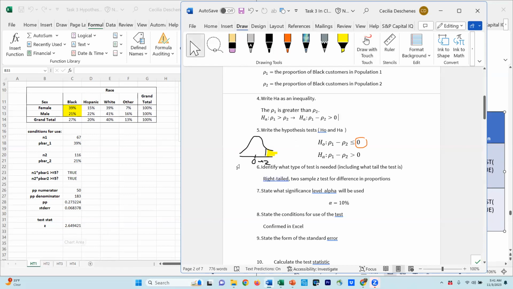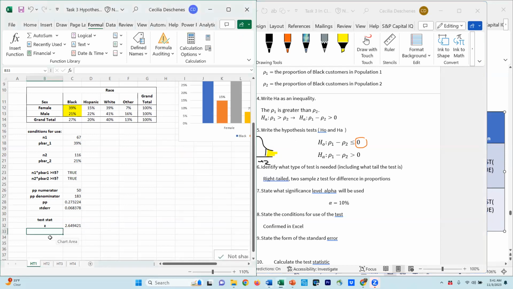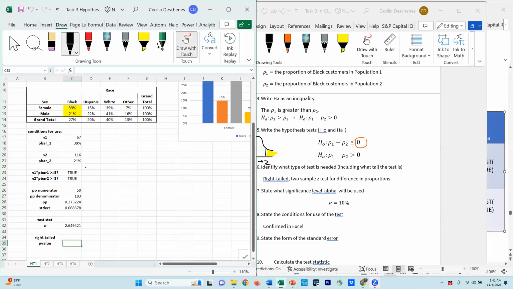All right, now that we have this, what we need is this area in the tail. So we call that the p-value, right? So I'm just going to say right-tailed to remind myself p-value. So the p-value with a standard normal, if you remember, and I don't know if this will let me draw or not, I think it might. So in Excel, all the functions in Excel for the normal distribution always want to give you the area to the left.